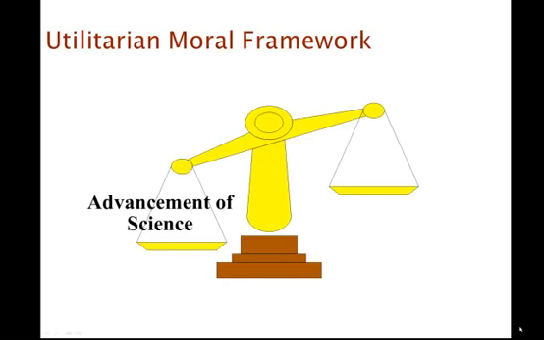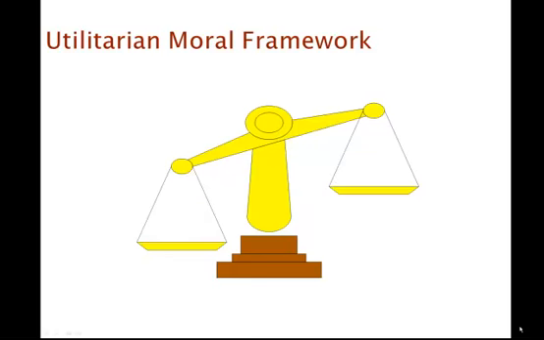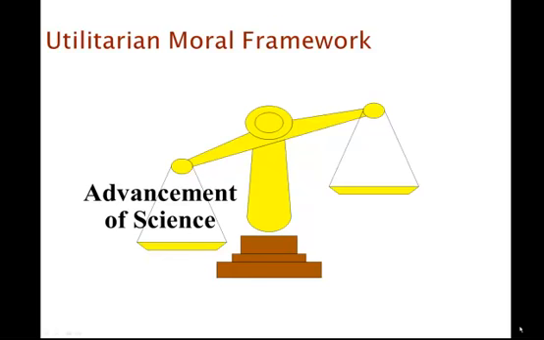One can justify a waiver of consent if we use a utilitarian framework that balances two competing interests. One interest is the advancement of science to enhance population health. And the other interest we have in research is the protection of the welfare and rights of subjects. That said, there might be instances in which the benefits that one could obtain from research are great enough to override an interest in subject welfare and rights.